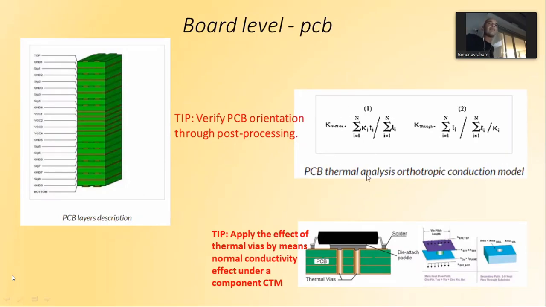And we have these equations here to tell us what the normal to the PCB conduction is and what the in-plane is. In-plane is usually an order of magnitude higher than the normal conductance because it's hard for the heat to go through the FR4.